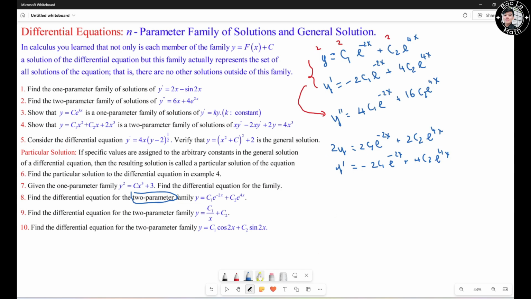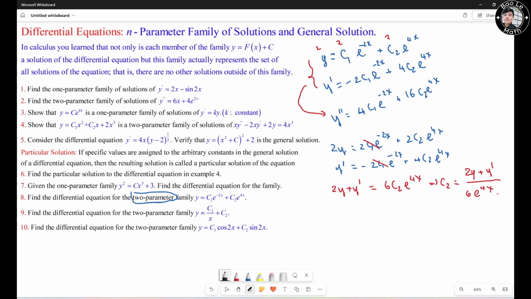Now I'm going to add them up, so this cancels out. I have 2y plus y prime equals 6 c2 e to the 4x. Now I need to solve for c2, so c2 equals, dividing both sides by 6 e to the 4x, 2y plus y prime divided by 6 e to the 4x.